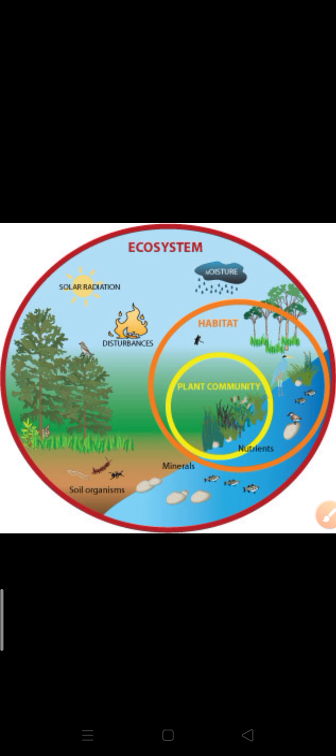In this also you can see that different components are here, plant community or animal community, and how they interact with the non-living component of the ecosystem. Okay, so ecosystem we can define as one in which a community lives with interaction taking place among the organisms and between the community and its non-living physical environment.